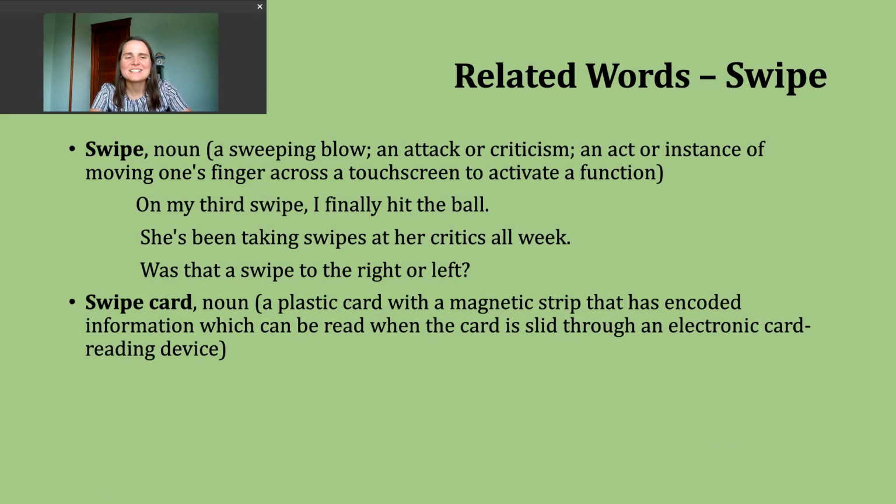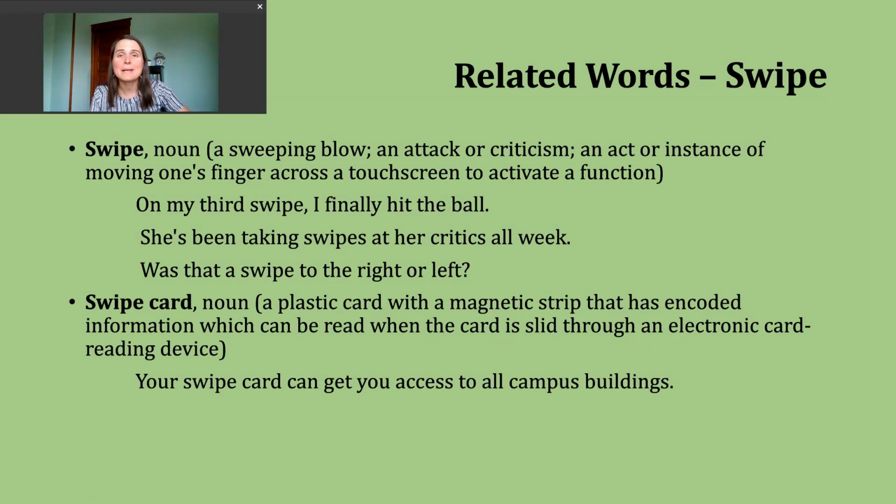One more word for us to talk about today, and we've already touched on this, but a swipe card is really any type of plastic card that has some kind of magnetic strip where information has been encoded, and that information can be read or processed when it's put through an electric card reading device. So many people are headed to college or headed back to college or university here in the next couple of weeks.